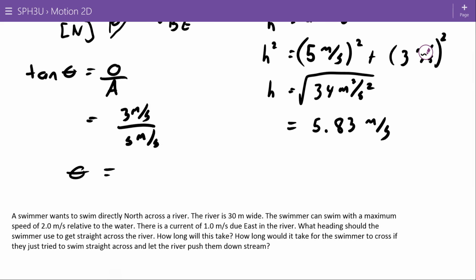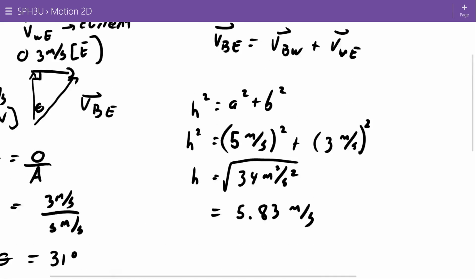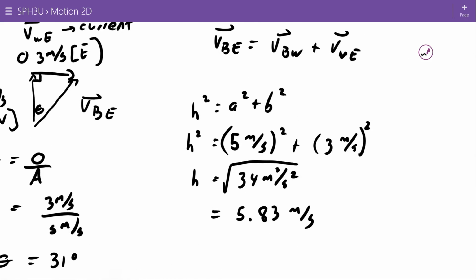And that works out to 31 degrees. So, boat tried to go up, got pushed over a little bit, and ended up going 5.83 meters per second north, 31 degrees east.